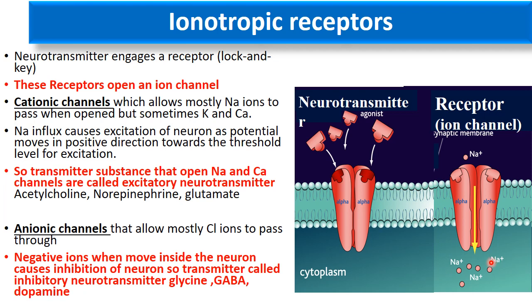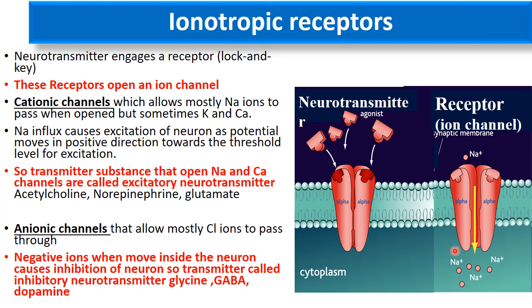Okay, now these ion channels can be a cationic channel or an anionic channel. The cationic channel allows positive ions to move, like sodium ions, potassium ions and calcium ions.